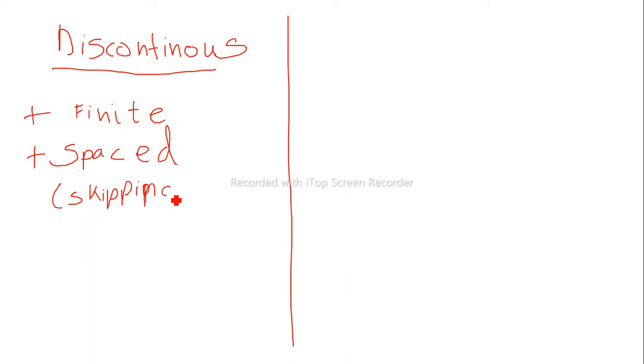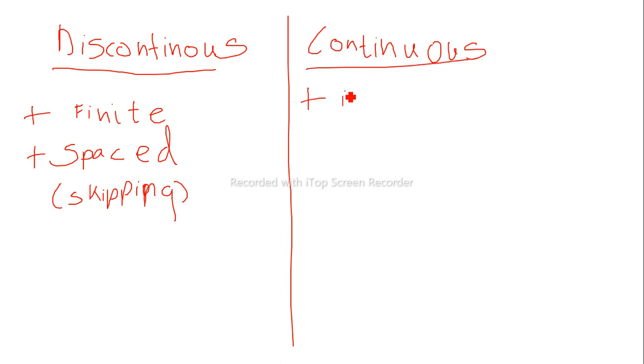That's it. For continuous, we say it is infinite. I don't think these are necessary. I don't think it's necessarily finite for discontinuous, but it has to be spaced and skipping.